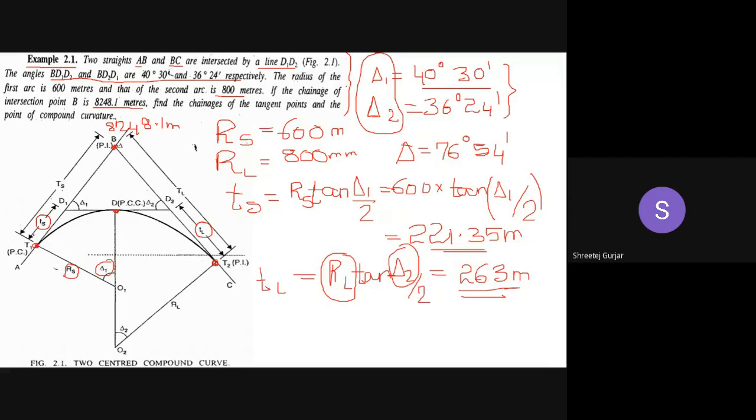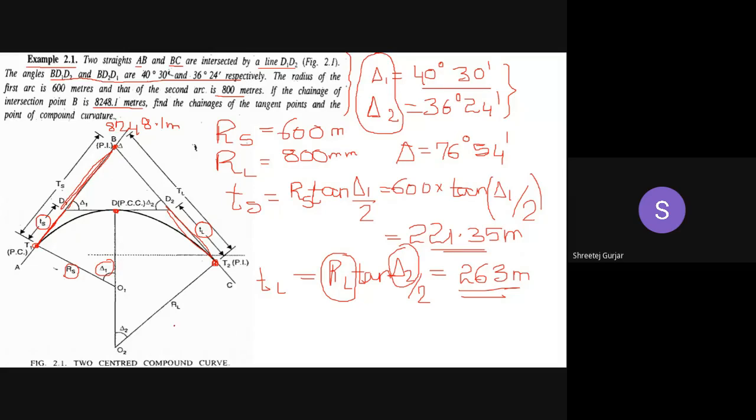We found out this particular distance, and we also have this distance. Now we require this particular distance. We have derived this distance formula, if you recall.